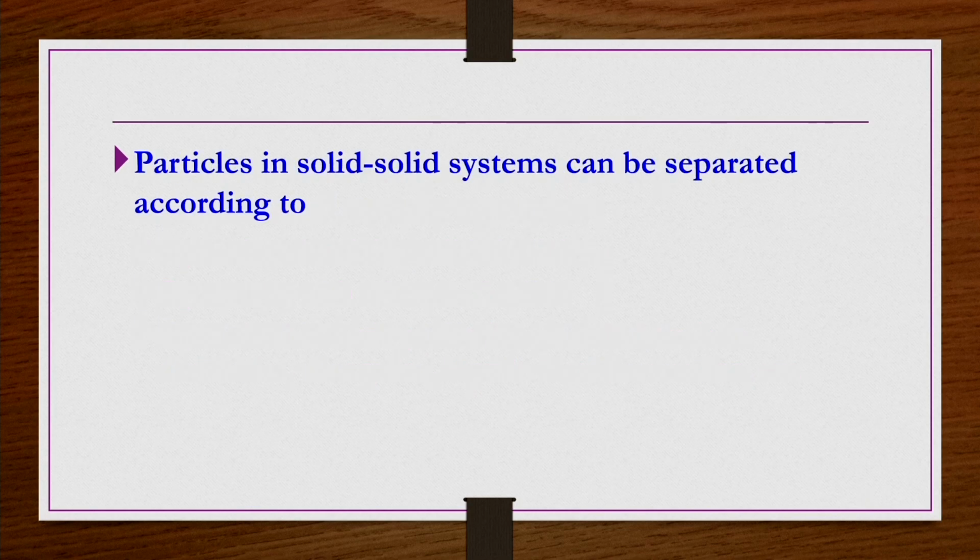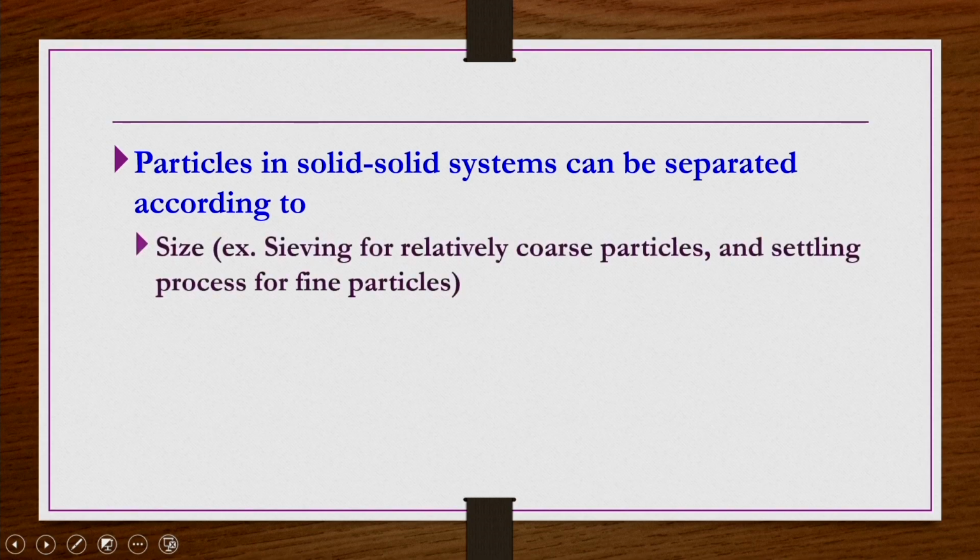Having seen the importance of the unit operations of particulate solids, because we have seen several cases where particulate matter is involved and a separation is required, how can these particles in a solid system be separated? On what basis can we separate them? In general, they can be separated according to size.